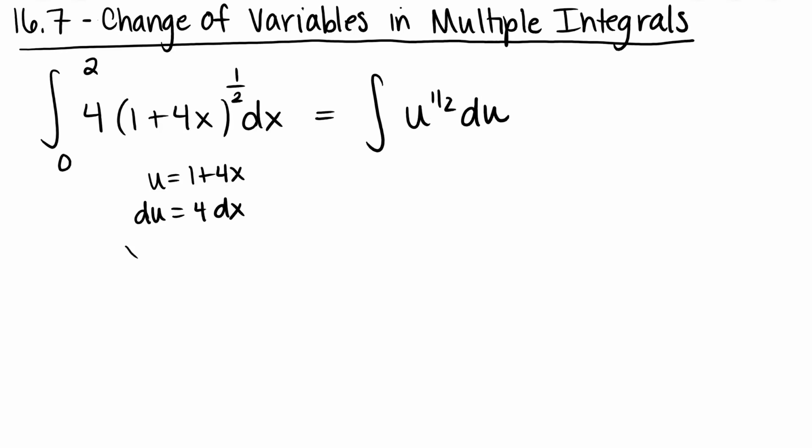And then we looked at when x is 0, u would be 1, and when x is 2, it looks like u is 9. So then we go from 1 to 9. So the idea here is we want to start thinking about that as a transformation of regions, okay?